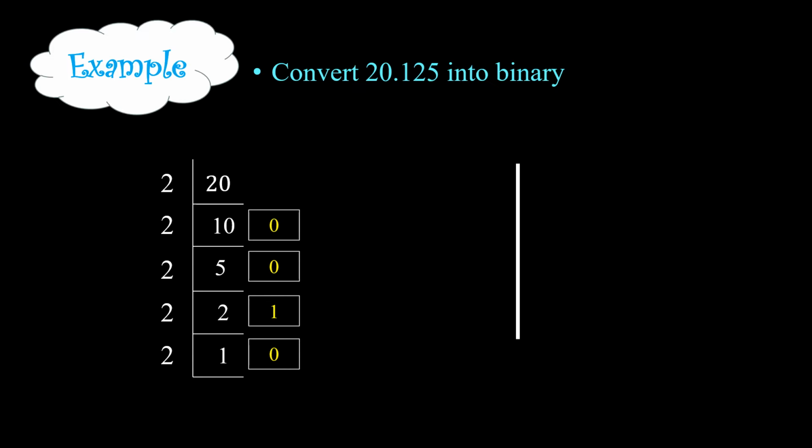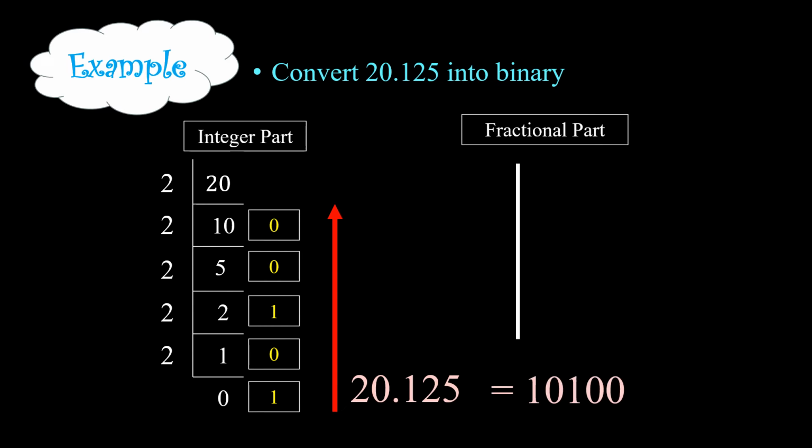When you divide 1 by 2, you get 0 and the remainder is 1, and then you write the remainders from bottom to top. So for 20.125, when you convert the integer part into binary, you get 10100.